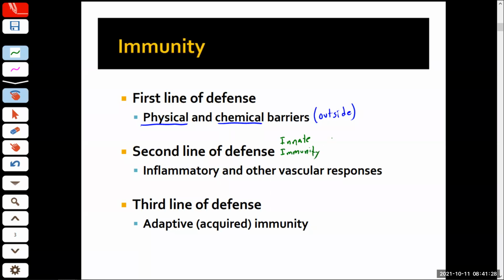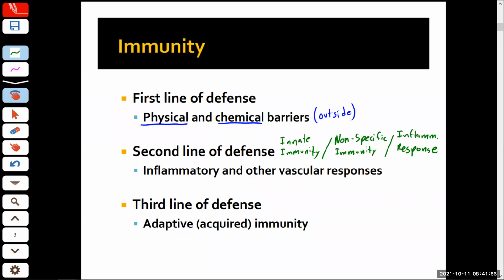It is also known as your non-specific immunity. And it is also known as your inflammatory response. So three names: innate, non-specific immunity, and the inflammatory response.